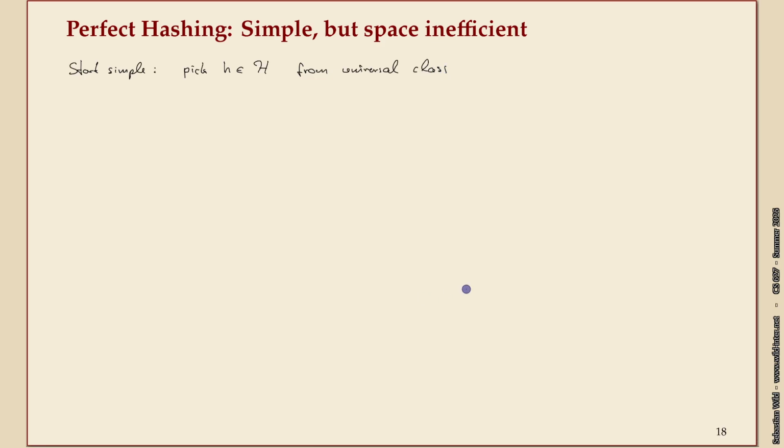And let's just hope and pray and see what we can get. The number of balls that we throw is fixed. The set x is given. What we can do is increase the number of bins until it becomes reasonably likely that this hash function is perfect.